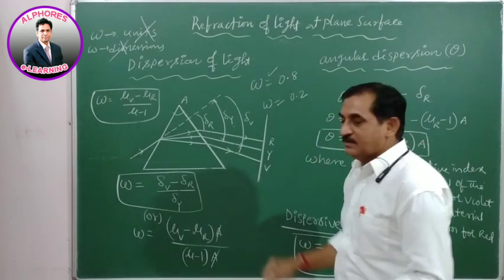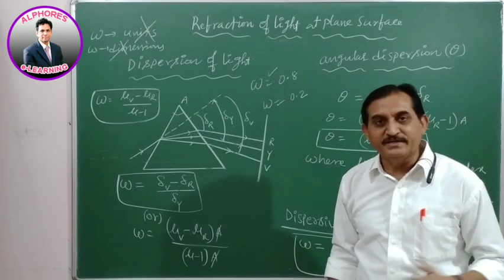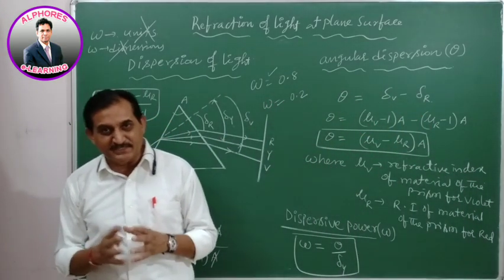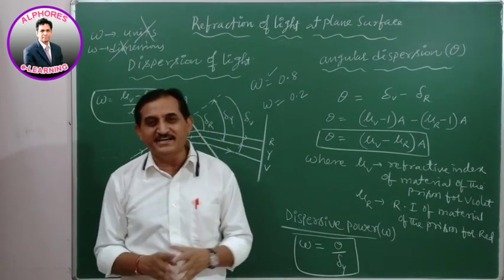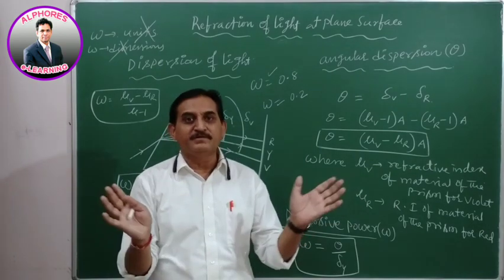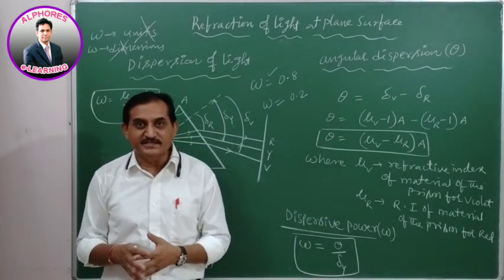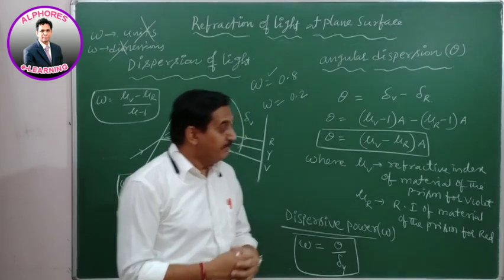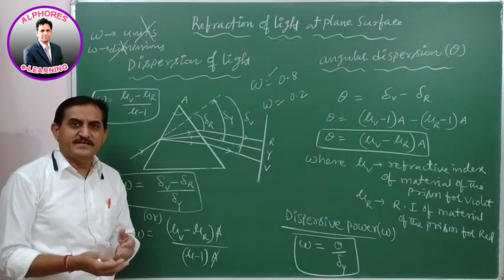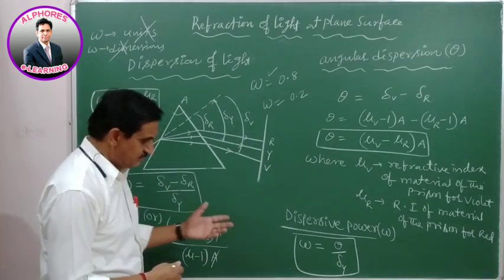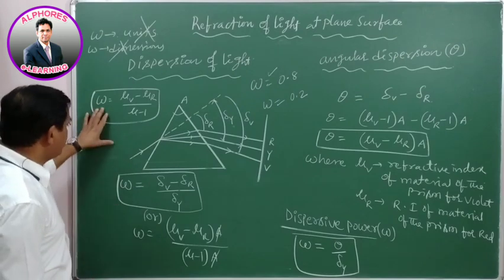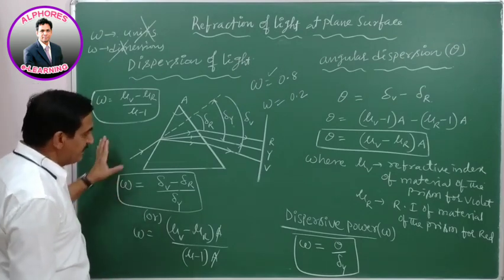The first one has the greater dispersive power. Dispersive power is the ability of the prism material to split the white light into different colors. Simply put, it is the ability to split the white light into 7 constant colors, known as the dispersive power of the prism material. So dispersive power has no units and dimensions.